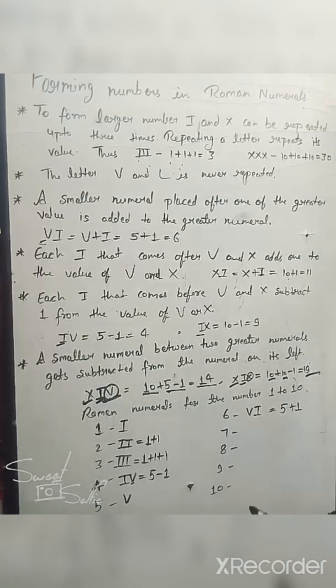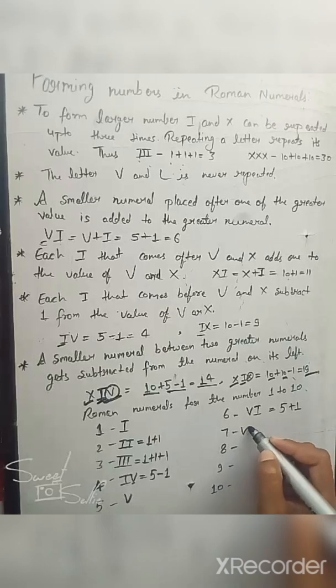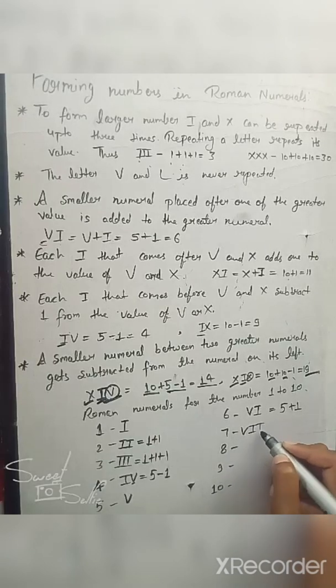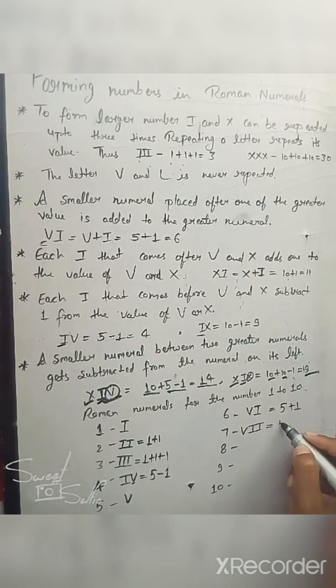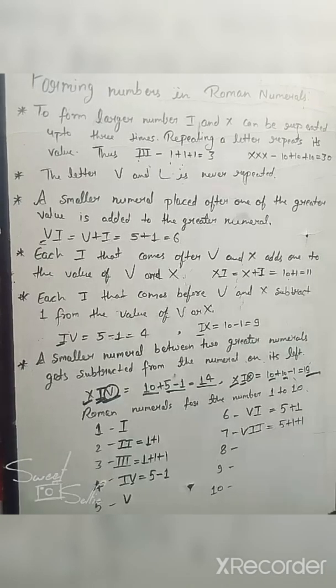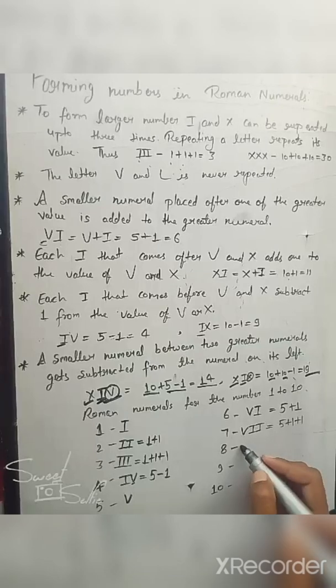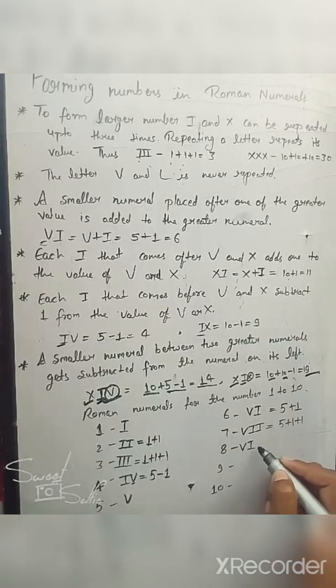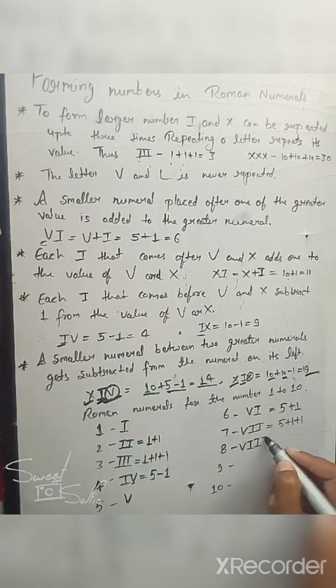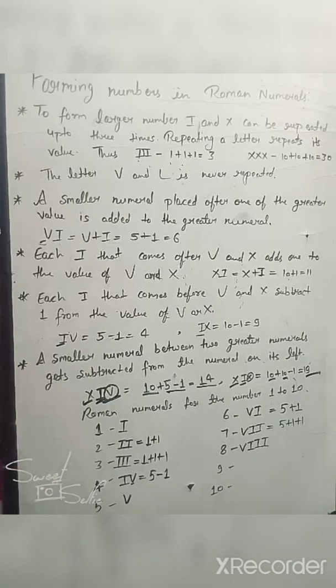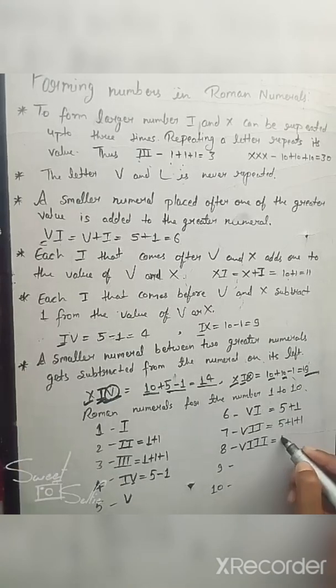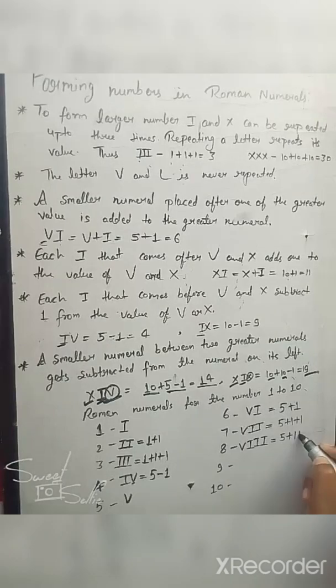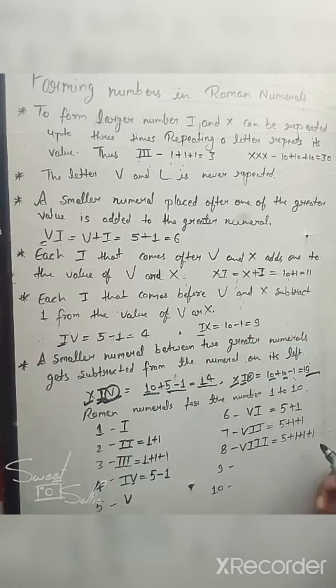And for 7, VII, it means 5 plus 1 plus 1. For 8, VIII, 5 plus 1 plus 1 plus 1, 5, 6, 7 and 8.